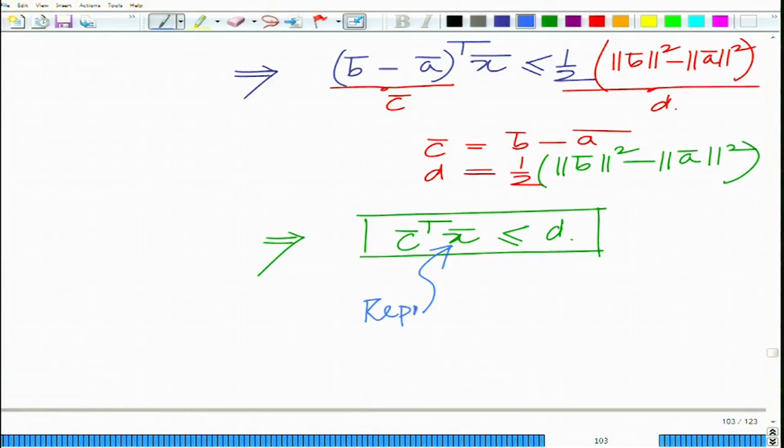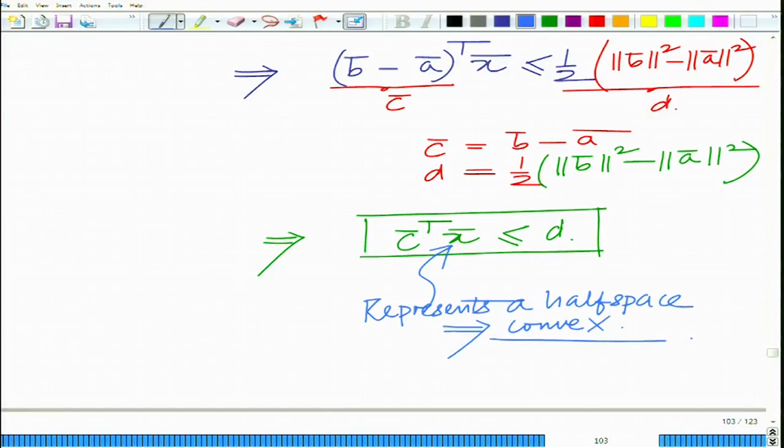So, this set represents a half space, which implies it is convex.